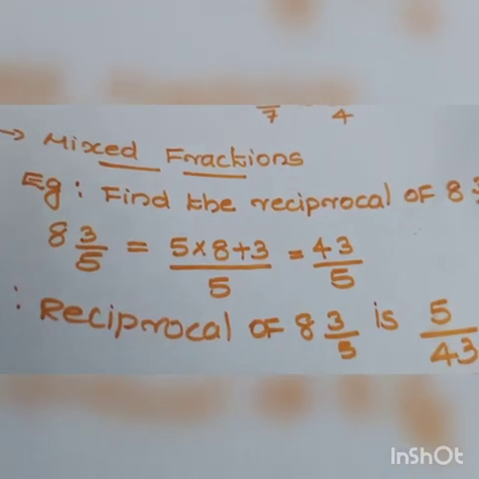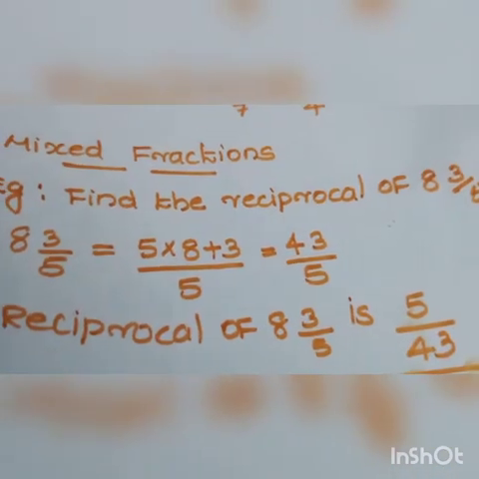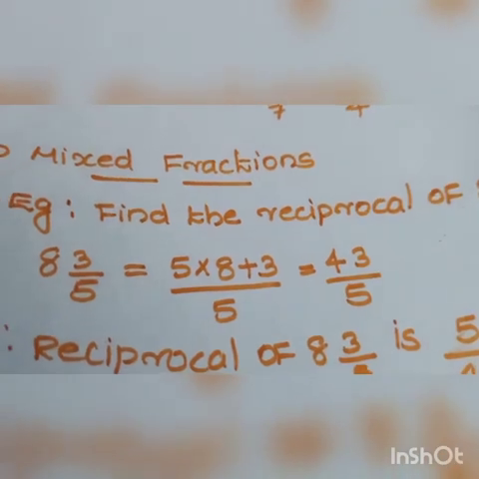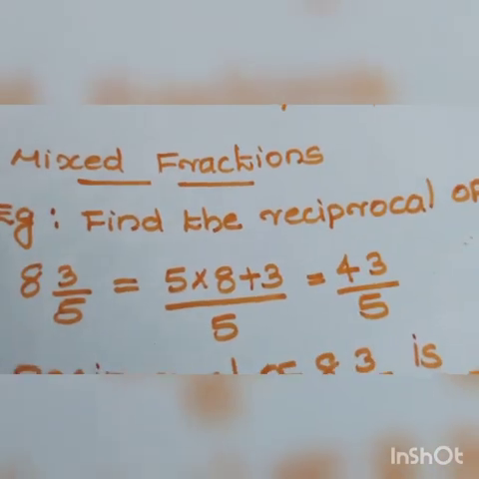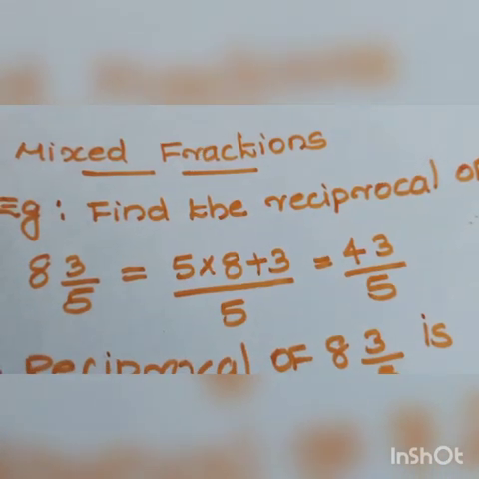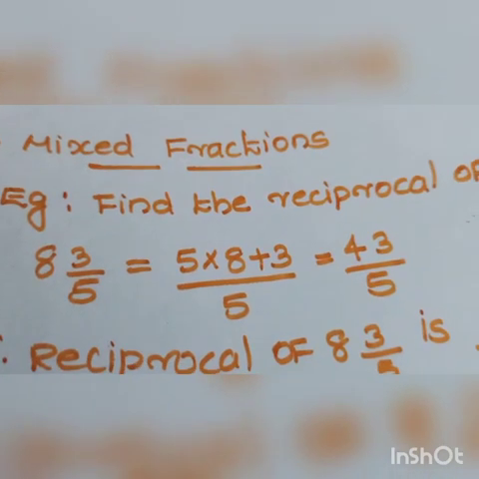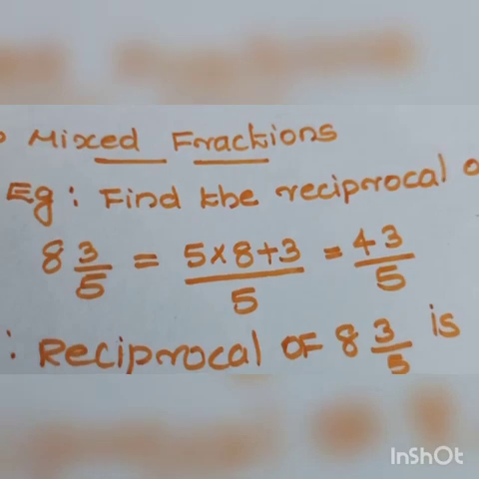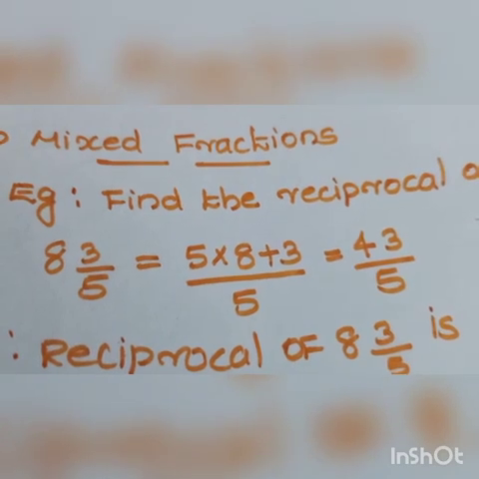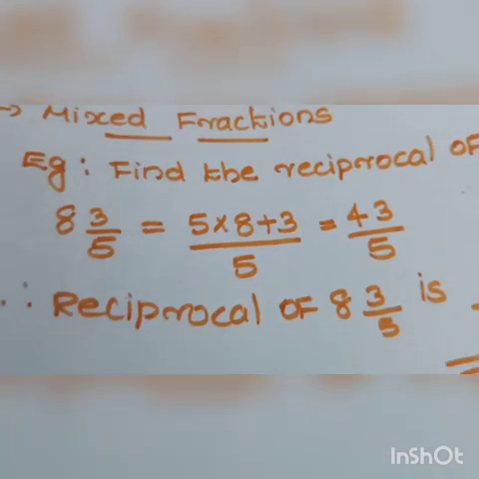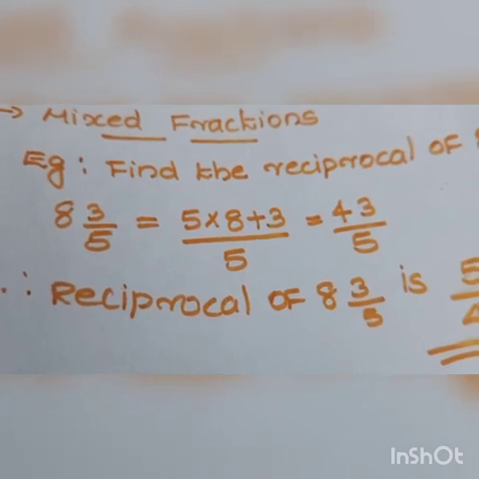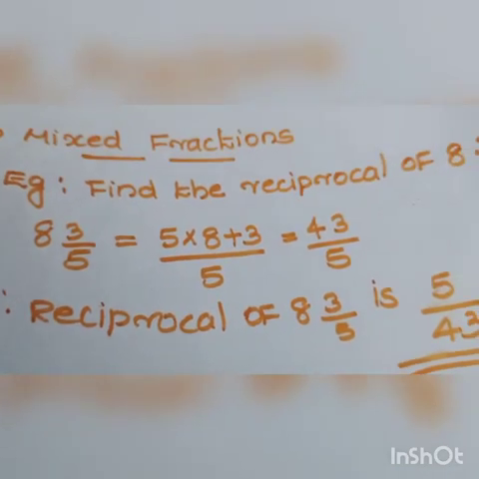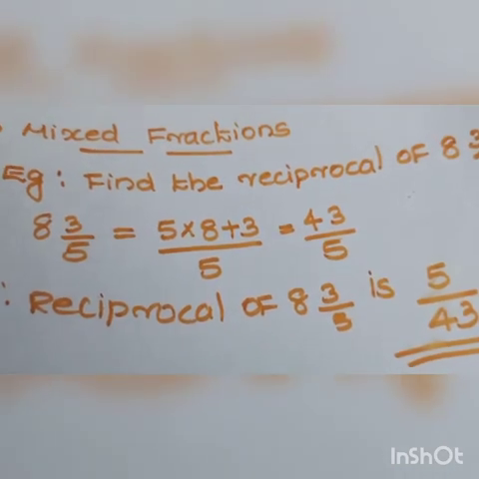So first we convert the mixed fraction into an improper fraction: 5 into 8 plus 3, whole divided by 5, is equal to 43 divided by 5. Therefore, the reciprocal of 8 3/5 is 5/43.